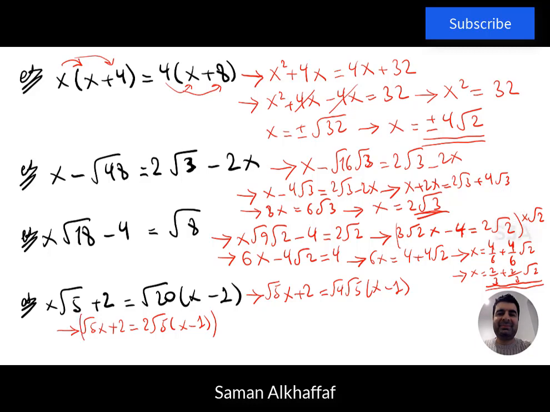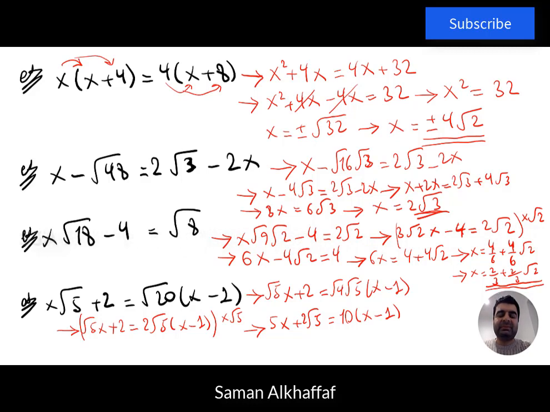If we multiply everything by root 5, that would give us 5x plus 2 root 5 equal, because root 5 multiplied by root 5 will give us 5, so 5 multiplied by 2 will give us 10 times x minus 1.